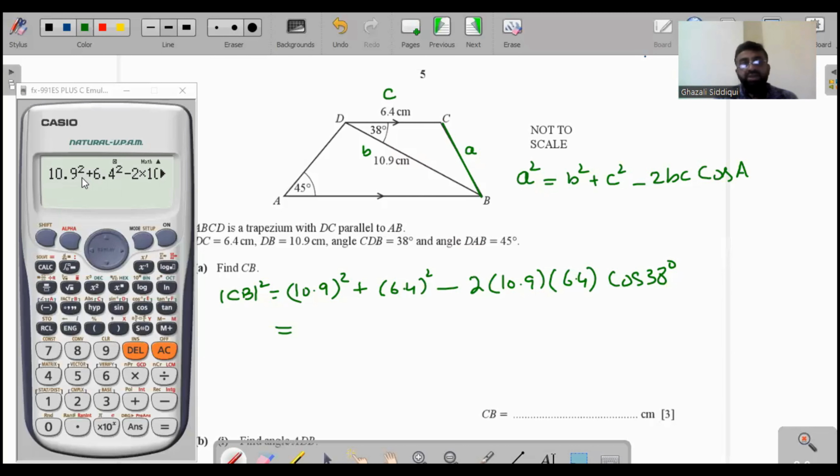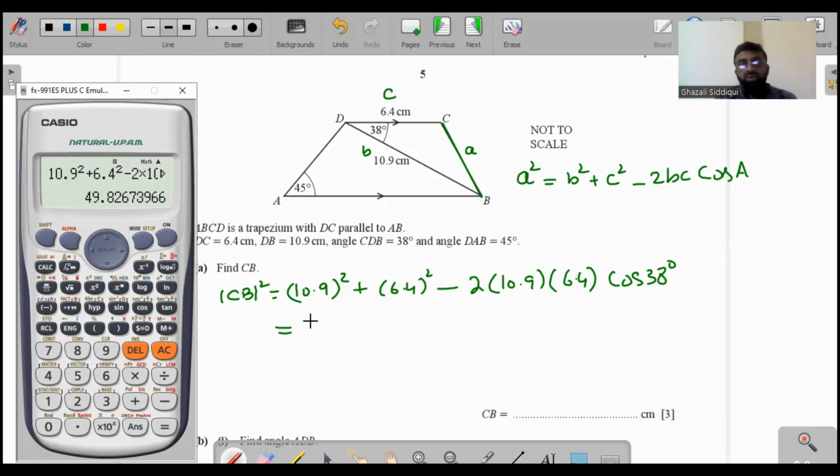Now 10.9 squared plus 6.4 squared minus 2 times 10.9 multiplied by 6.4 times cos 38. The answer will be equal to 49.826.